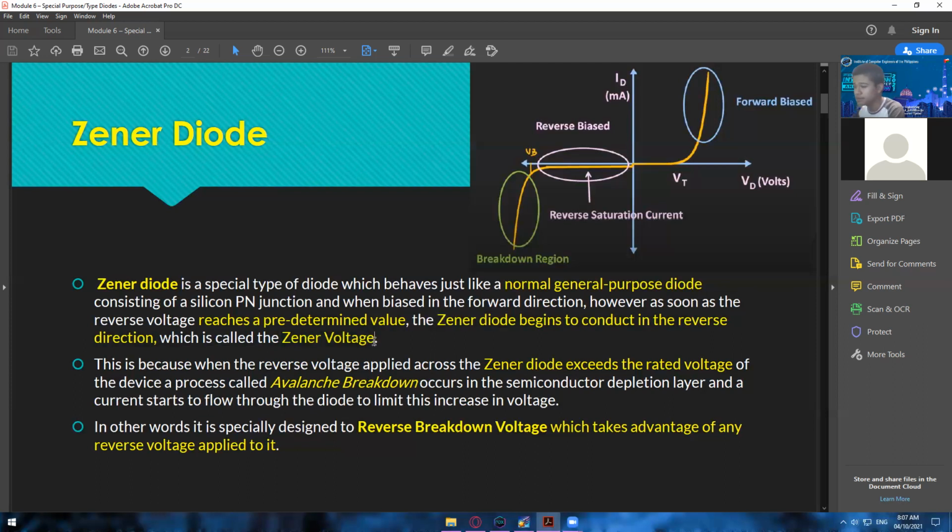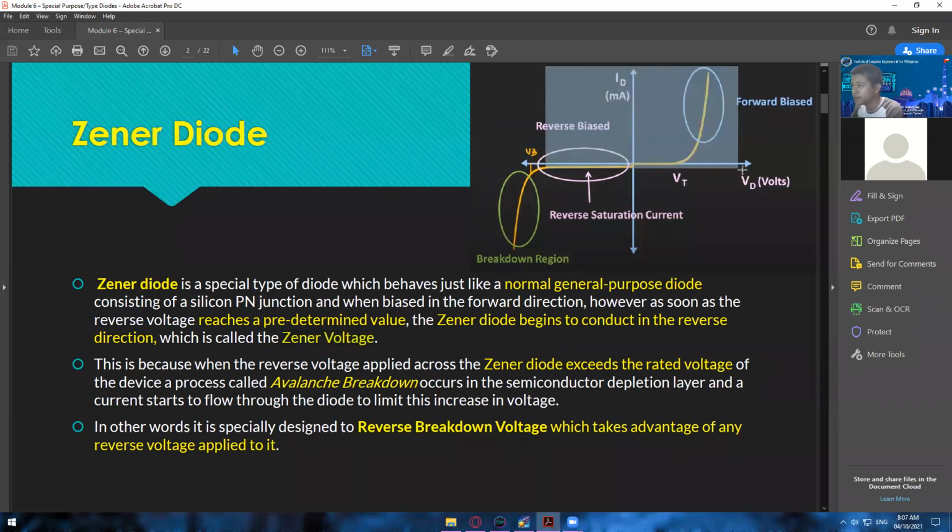You can say that this is the breakdown voltage of this kind of diode. We also call this avalanche breakdown, once it exceeds this Zener voltage. In other words, it is especially designed for reverse breakdown voltage, which takes advantage of any reverse voltage applied to it.